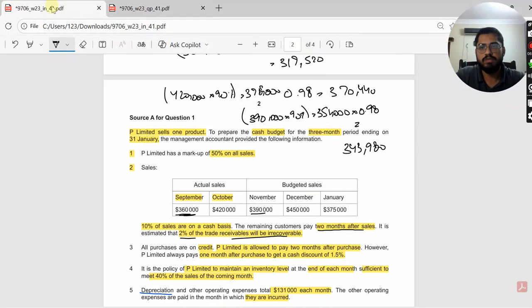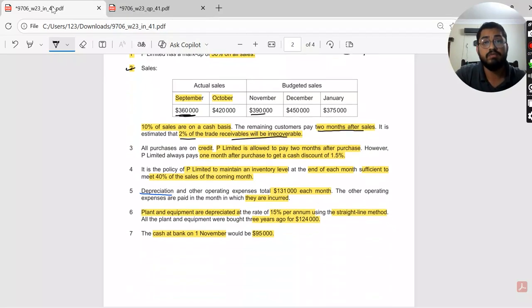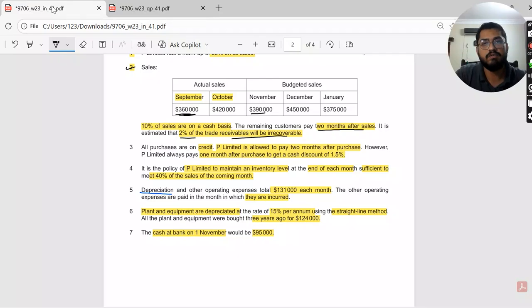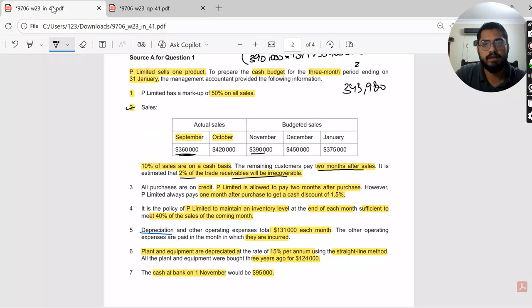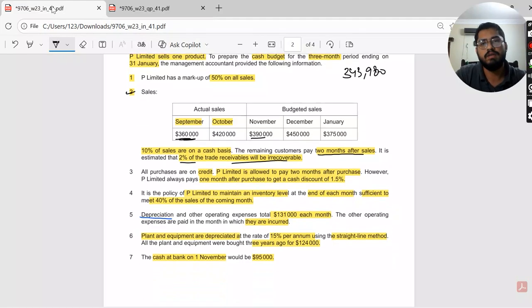So we are done with the adjustments for the cash inflows, the sales over here. Let's move on towards the purchases for the month. So over here we do have to calculate the amount of purchases, and one thing we can do first of all is to find out the purchases for each month.